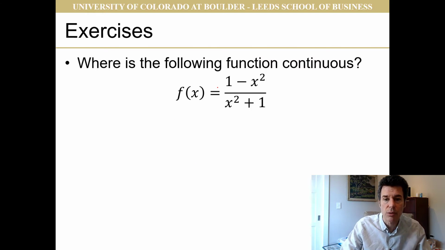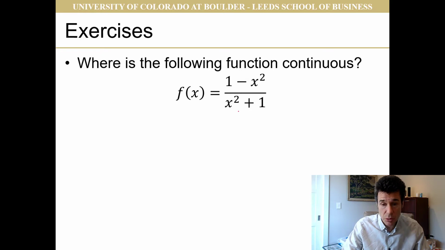f of x equals 1 minus x squared over x squared plus 1. So this is going to be continuous everywhere where the denominator is not 0. And of course, x squared plus 1 has no real roots or zeros. So this is always continuous.